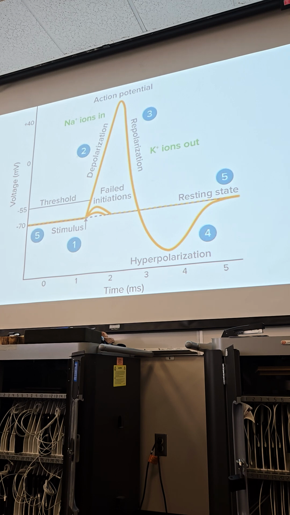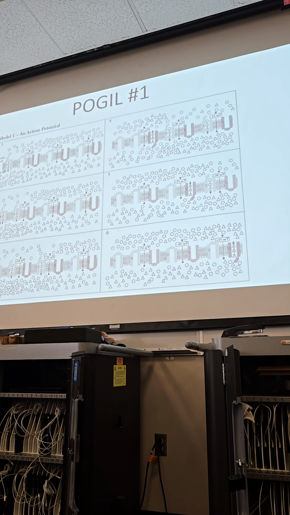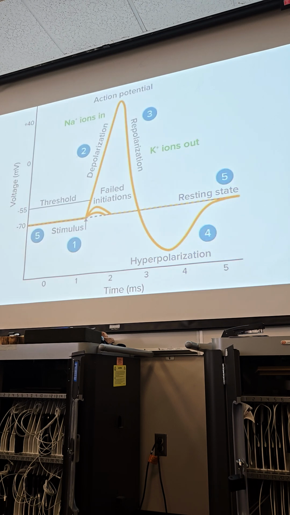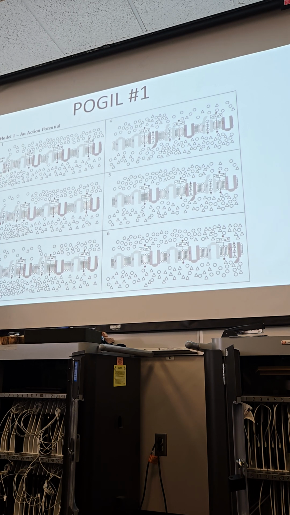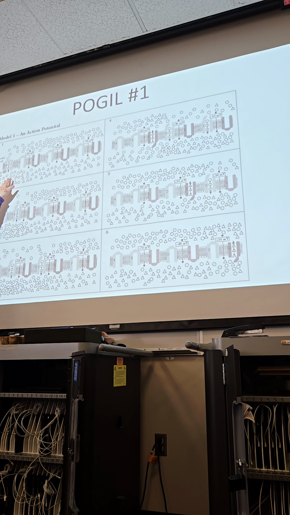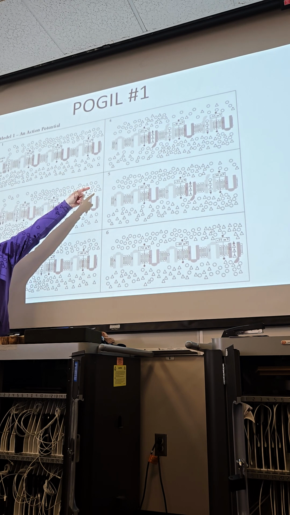All right, so let's talk about this figure and compare it to this figure, okay? So what's going on? Threshold, what has happened? Signal has been received, gate opens. This is reception, transduction, response.